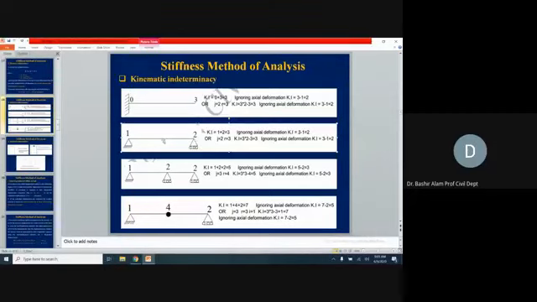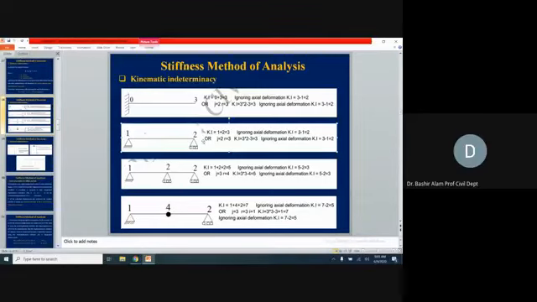But if we ignore the axial effect now, it becomes 3 minus 1. This 1 is coming from the number of members. So this is becoming 2 degrees. And what are those 2 degrees? Where are those 2 movements? The possible movements: one is rotation at the left support and one is rotation at the right support.